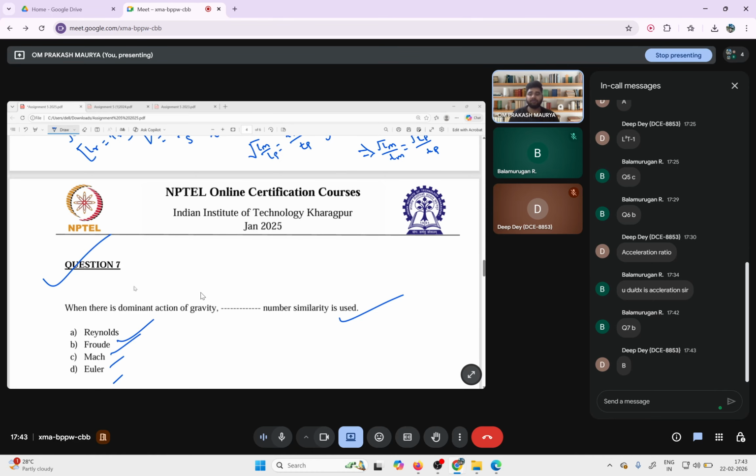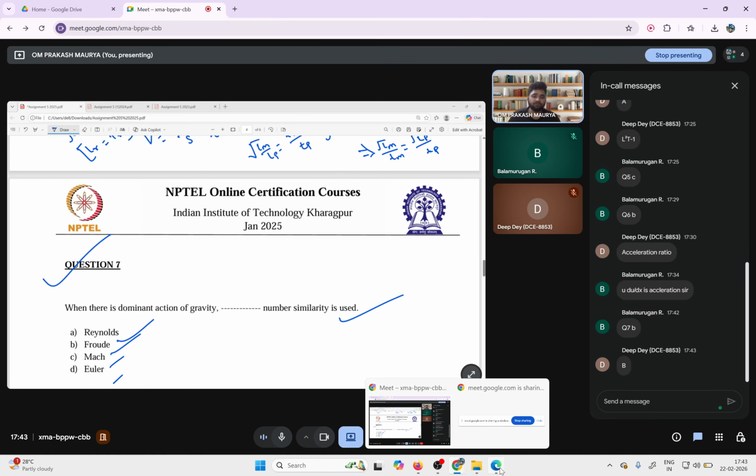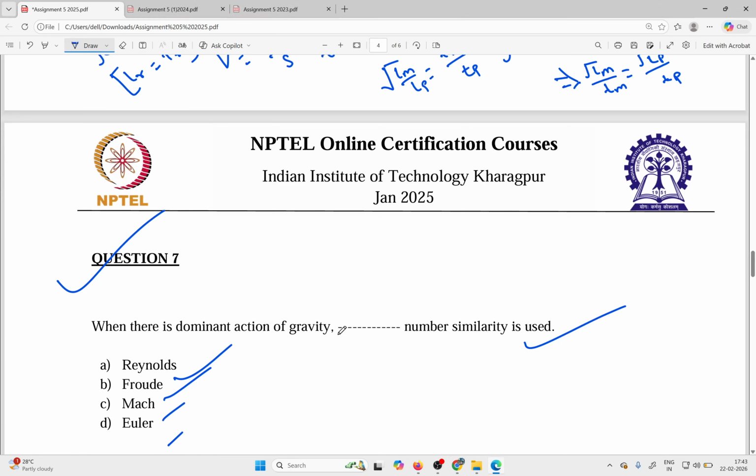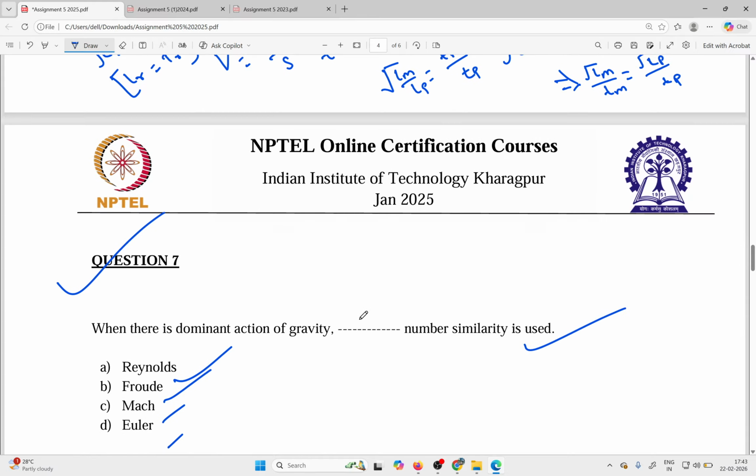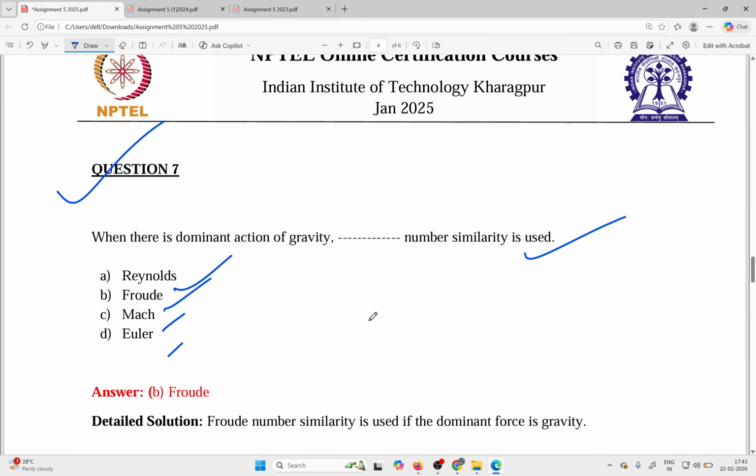Deep is also telling option B, that is Froude number. I have already explained how, when the flow is dominated by gravity, we will go with the Froude number similarity. Now Bala is telling this acceleration we can also write as u du by dx.